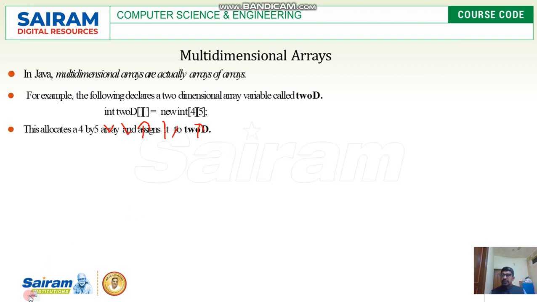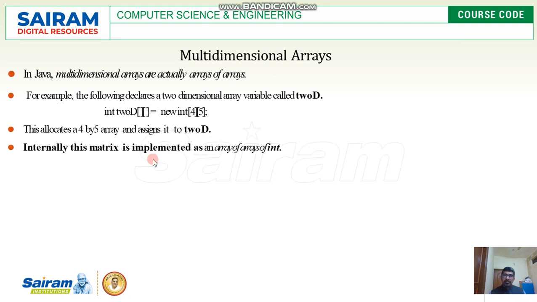So here, the array name twoD will be an array of 4 by 5, 4 rows and 5 columns. Those many spaces will be allocated for this array called twoD.